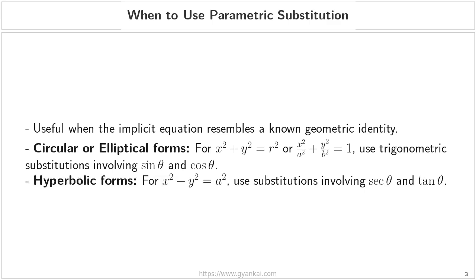Similarly, if you are dealing with hyperbolic forms, where you see a difference of squares rather than a sum, such as x squared minus y squared equals a squared, you should use substitutions involving secant theta and tangent theta. By recognizing these patterns, you can simplify a complex implicit relationship into two manageable parametric equations. In the next slide, I will guide you through the exact step-by-step process to execute this substitution and find the derivative.